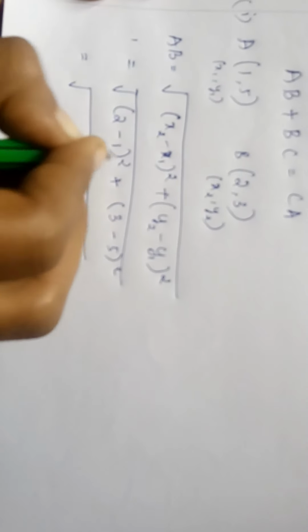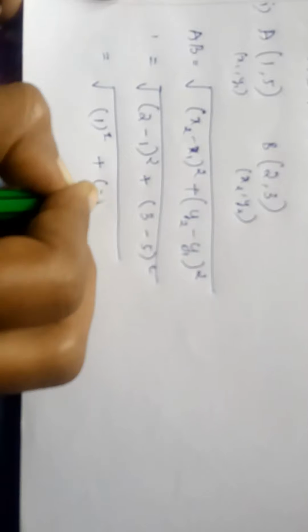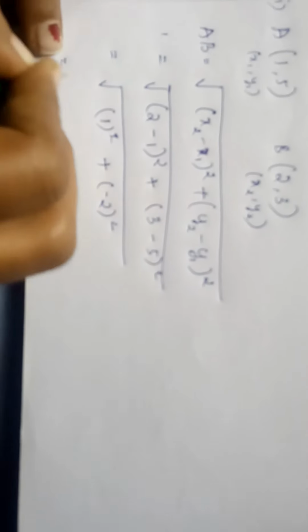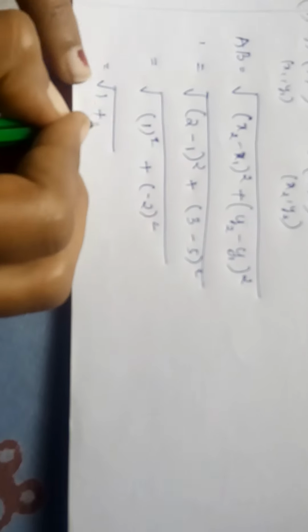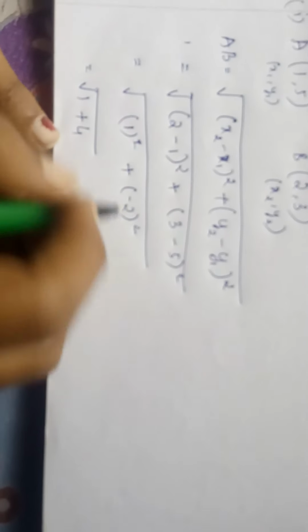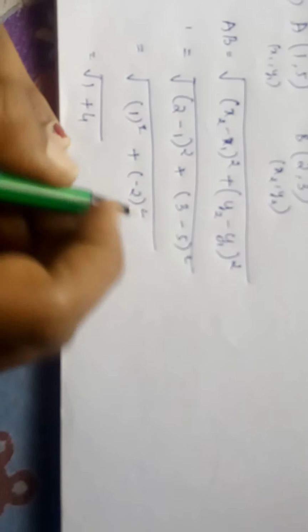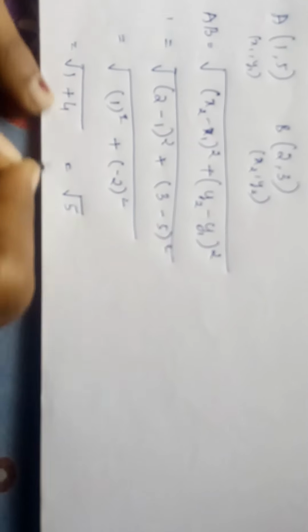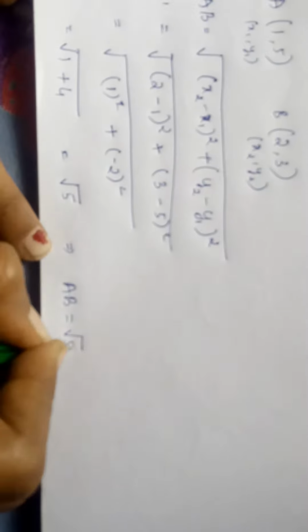Square root of 2 minus 1 is 1 whole square plus 3 minus 5 is minus 2 whole square. Square root of 1 plus 2 square, minus 2 square is 4, that is plus 4. If we square a negative number, we get a positive only. Then square root of 5, that is AB is equal to root 5. We need to solve the remaining BC and CA.